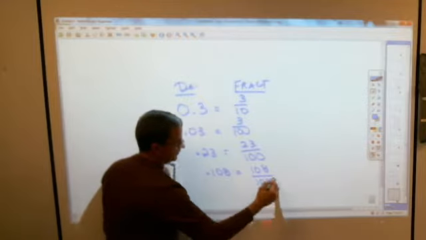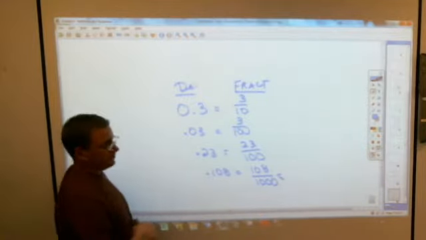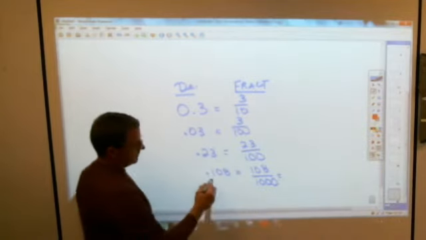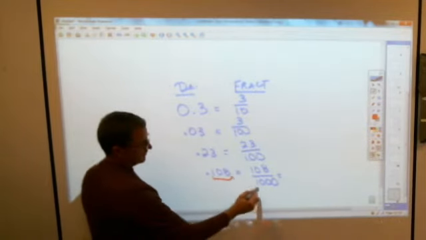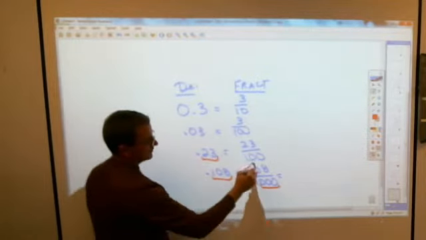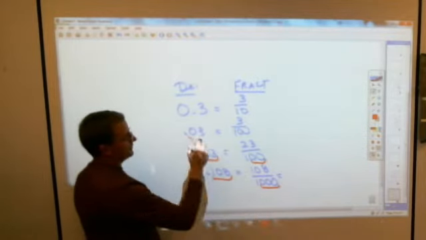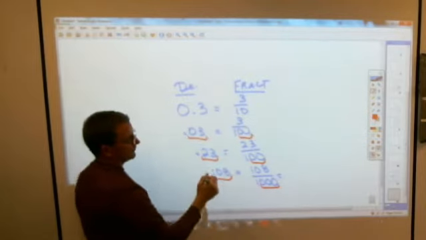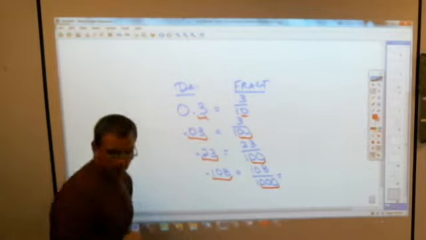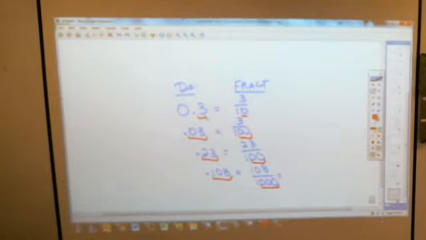And this one could be reduced, but we won't do it right now. Now notice here's something to be observant about. Look at how many digits come after the decimal, and look at how many zeros come after the 1 in the bottom. 1 digit, 1 zero. That's something to pay attention to because it works out well.